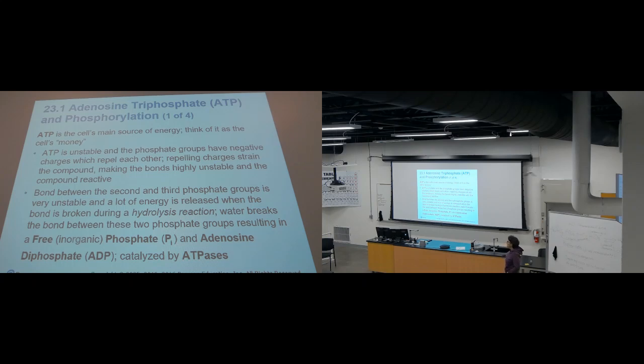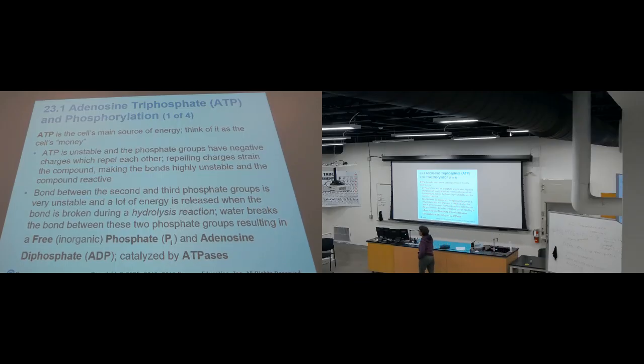So that can lead to a little bit of instability within this molecule. And that's why you don't keep that without spending it to form these other reactions. And then these reactions can happen under the influence of water.